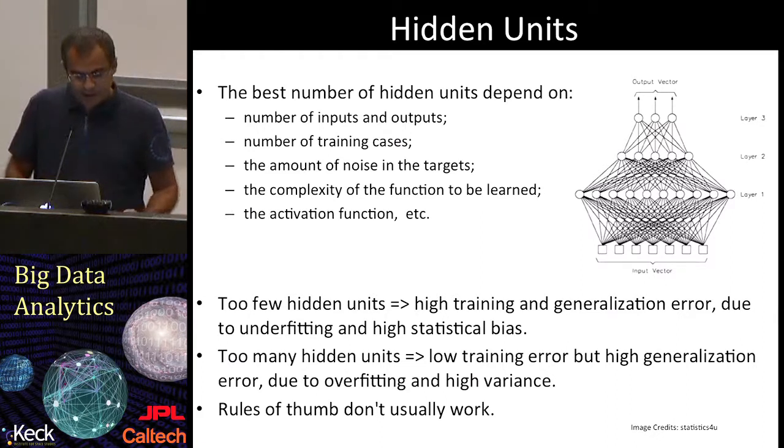For example, too few hidden units can lead to high training and generalization error due to underfitting and high statistical bias, while if we have too many hidden units, we can have a low training error but high generalization error because of overfitting.